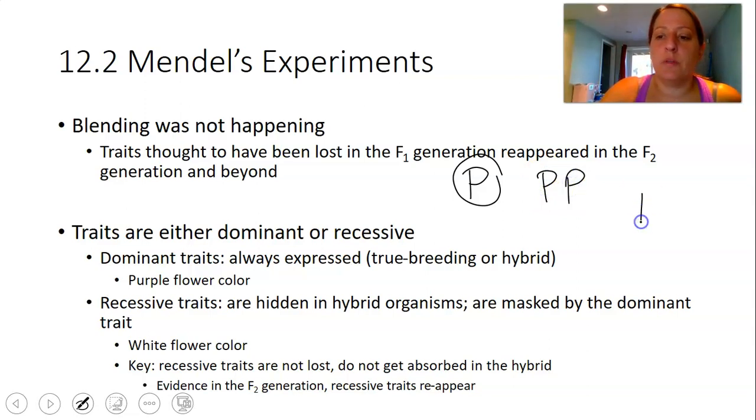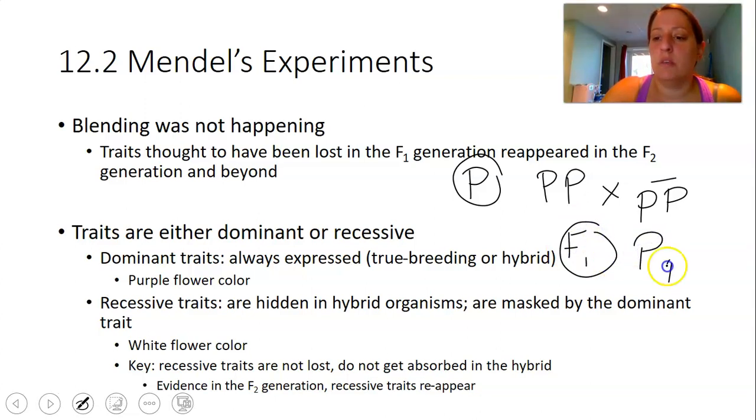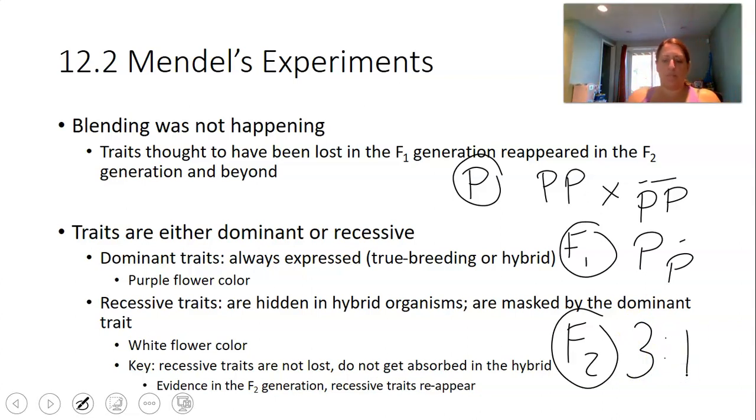And the white plants were little p, little p. When we crossed those, we ended up with the F1. And the F1 was all big P, little p. Okay, and when we crossed those, we got an F2 generation. And that F2 generation showed a 3-to-1 ratio of purple to white. And we haven't talked about how yet, and we're going to.